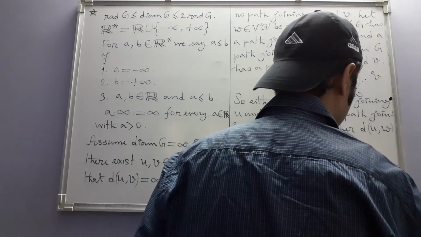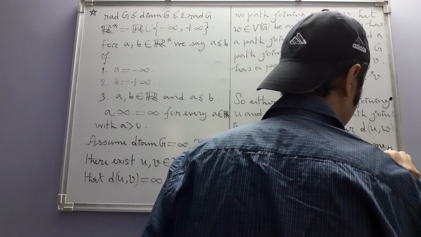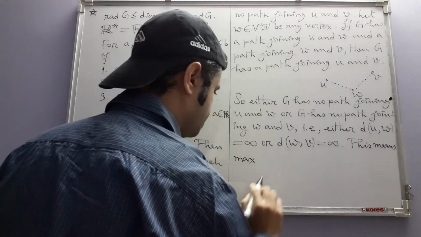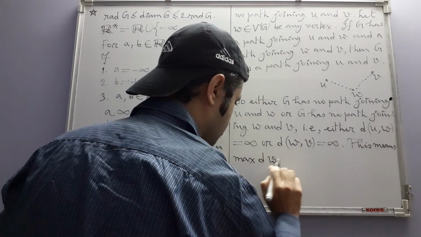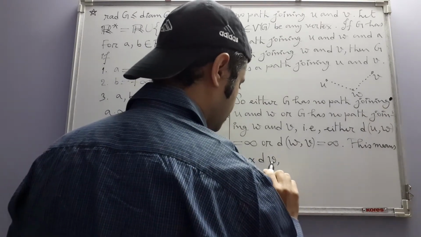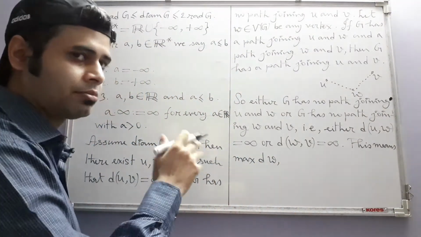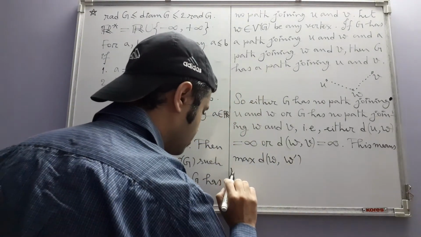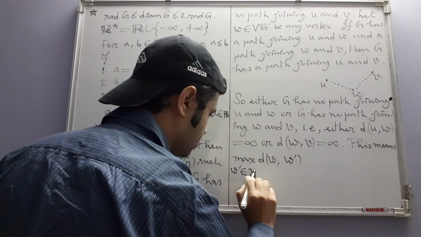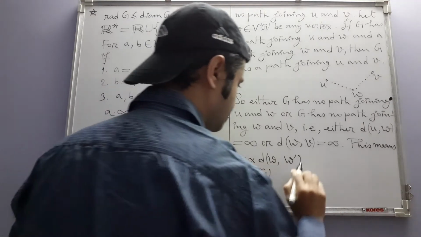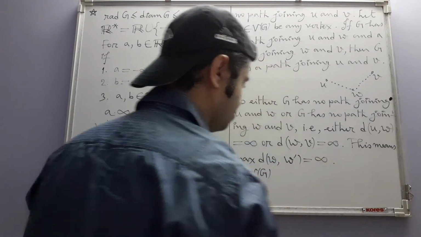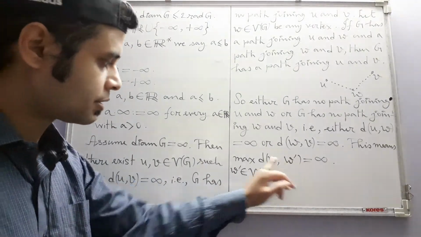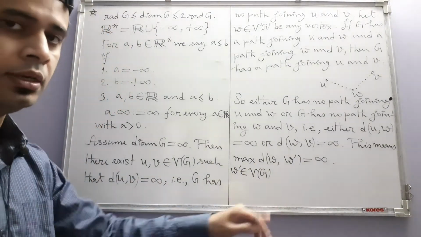This means that the maximum of the distances of w from the vertices of G, say w prime, where w prime is any vertex in G, is infinity, because one of these quantities, as w prime varies over the vertex set of G, is infinite.